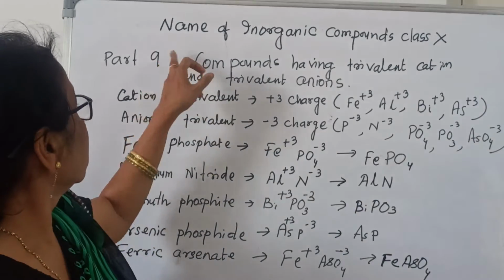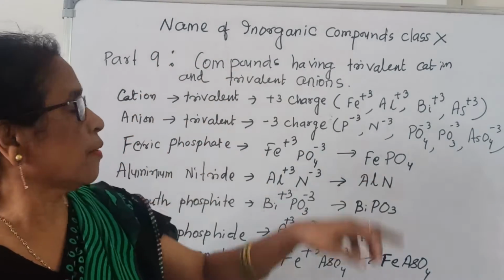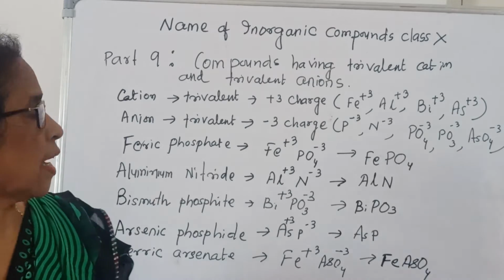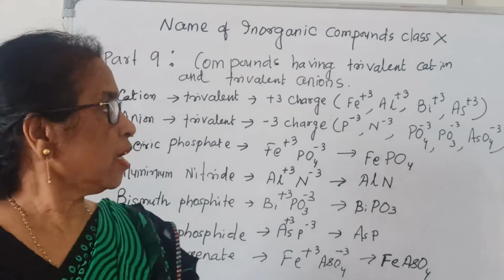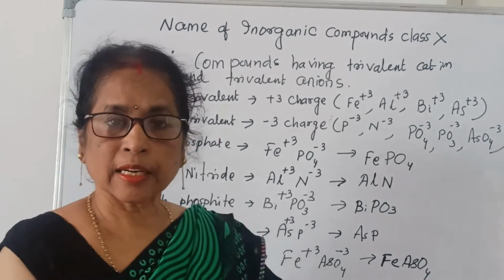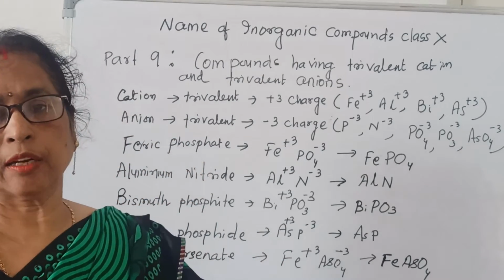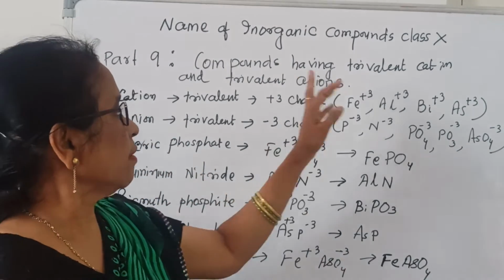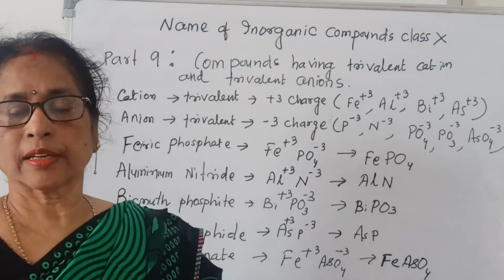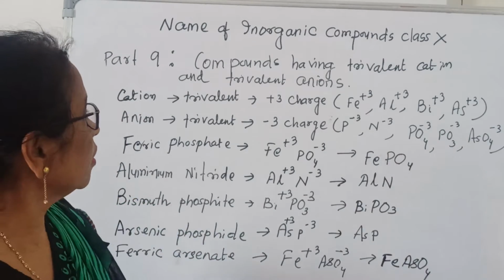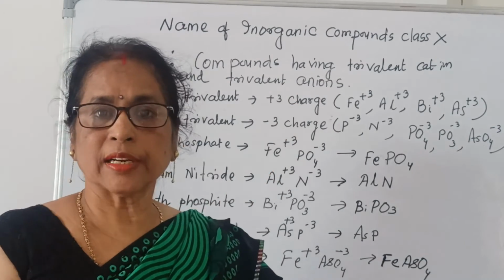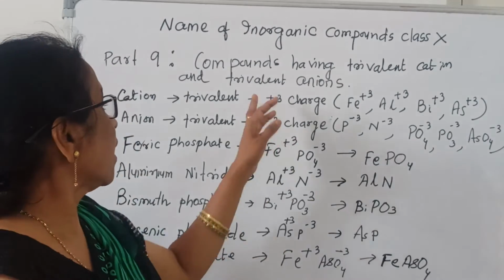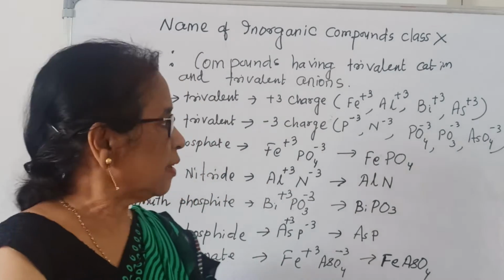And now here part 9, compounds having trivalent cation and trivalent anion. Already I have completed trivalent cation with monovalent anion, one type of compound, and trivalent cation with divalent anion, that is the second type of compound. Now the third one is trivalent cation and trivalent anion.